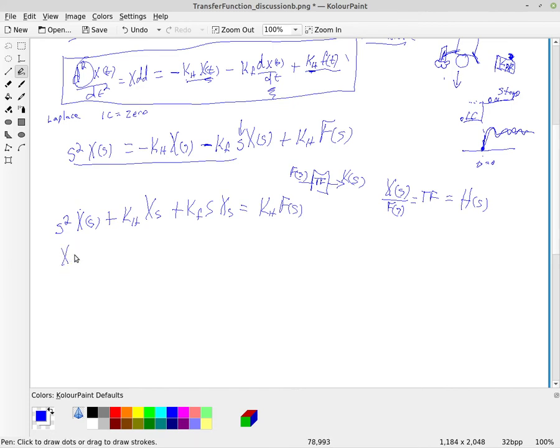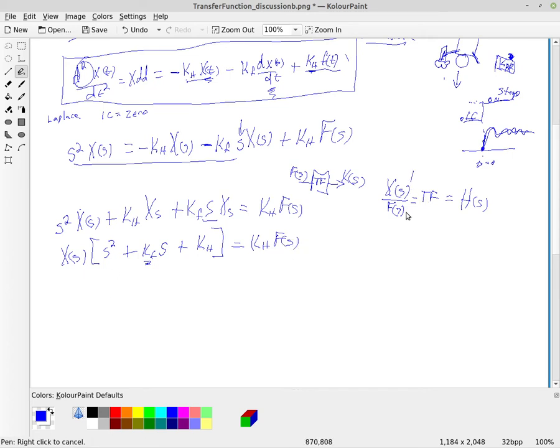So we get X of s times s squared plus k_F, my friction piece, times s, plus my Hooke's law coefficient, k_H.